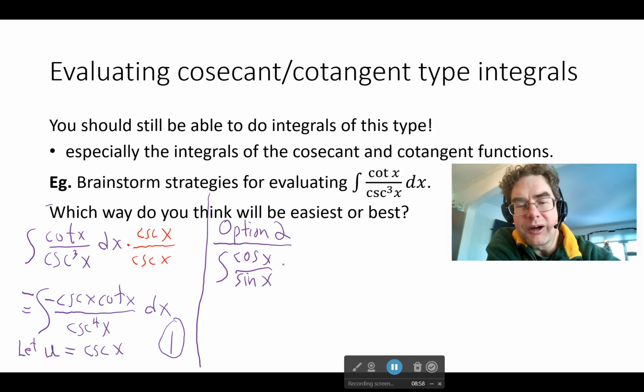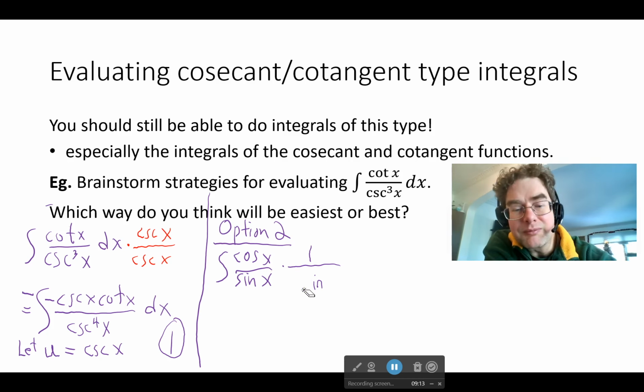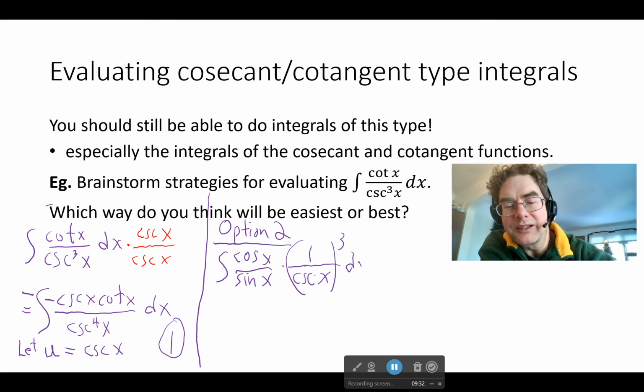And then I've got 1 over cosecant cubed x, and then we got our dx out here, of course.